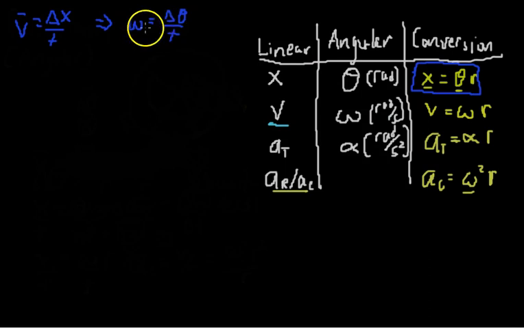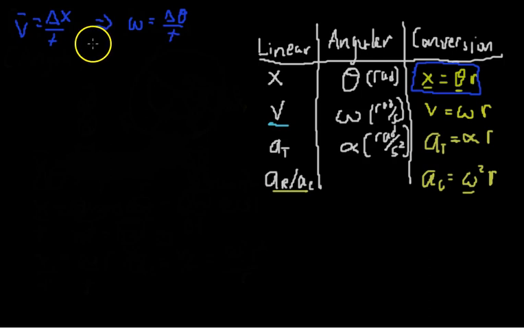And this just all comes about because if you put in theta instead of x, what you're doing is you're actually taking x and dividing it by r, right? So you just use this conversion to get from the one to the other.